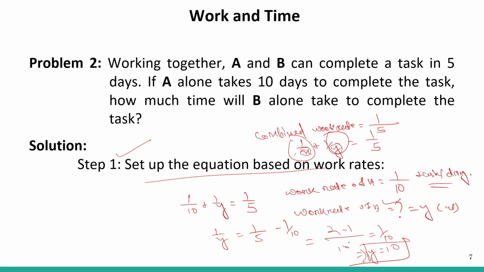So the work rate of B is equal to 1 by 10, and the time it will take to complete exactly that work will be 10 days. So proved here, y is equal to 10, that is B alone will take 10 days.